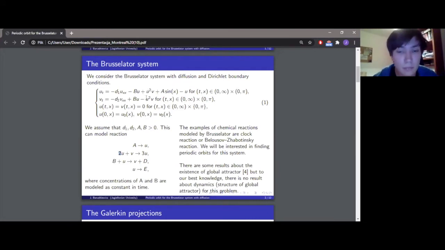For this system there are results about the existence of a global attractor, but to my best knowledge there is no result about the dynamics of this system and the structure of the global attractor.